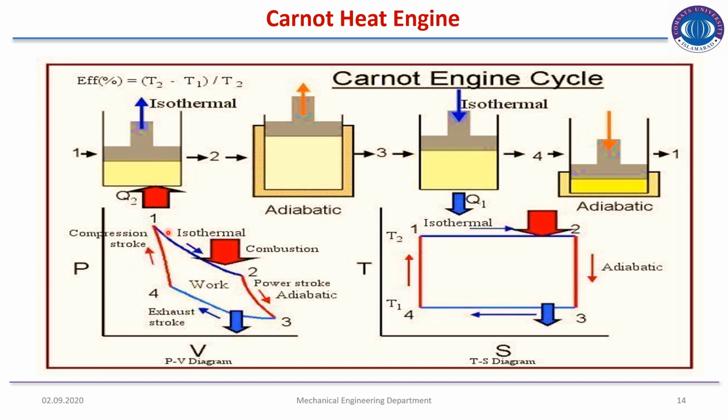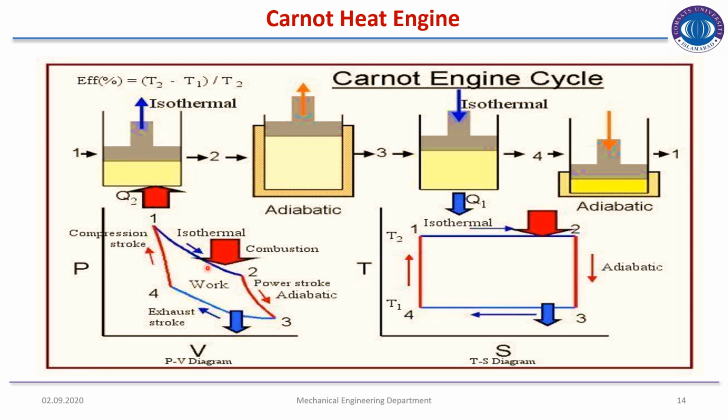We have already discussed this in the previous slide as well. In the PV diagram, from 1 to 2, Q2 amount of heat is added, and this is an isothermal process, so the temperature of the system will remain constant. Q2 amount of heat is added and volume is increased. As this is an isothermal process, temperature remains constant.